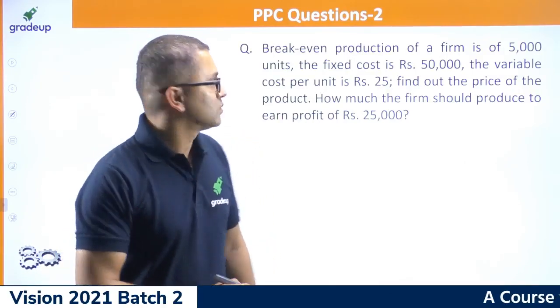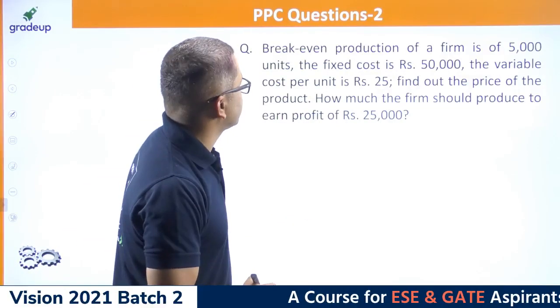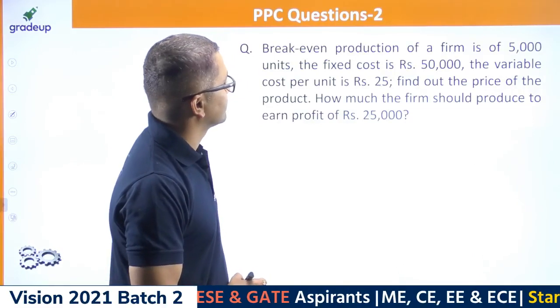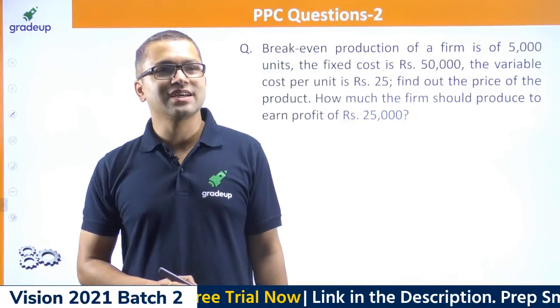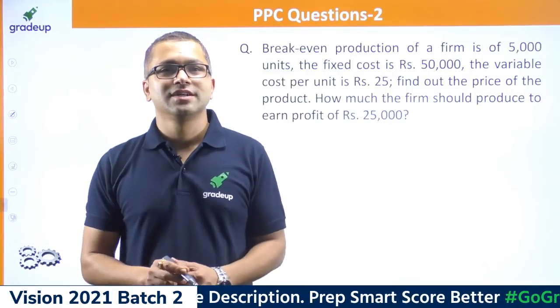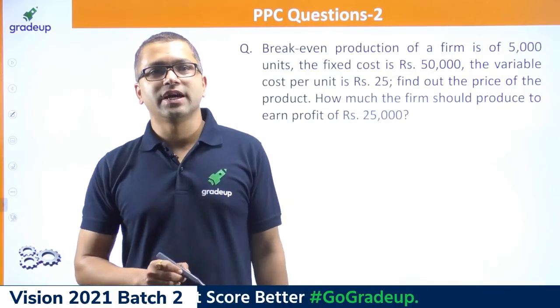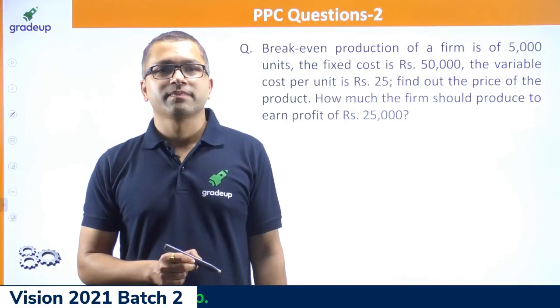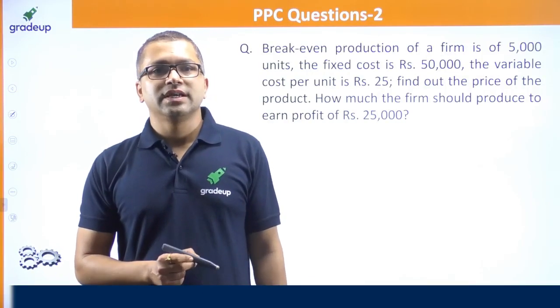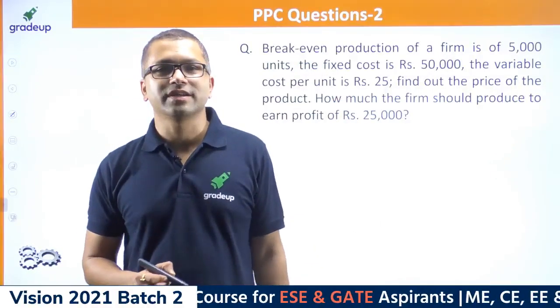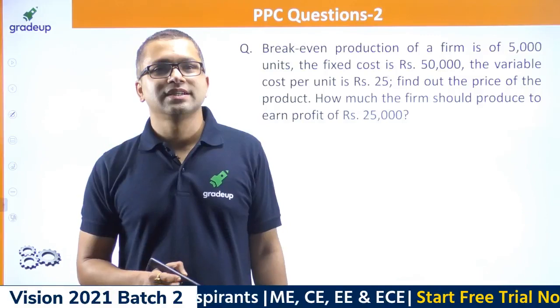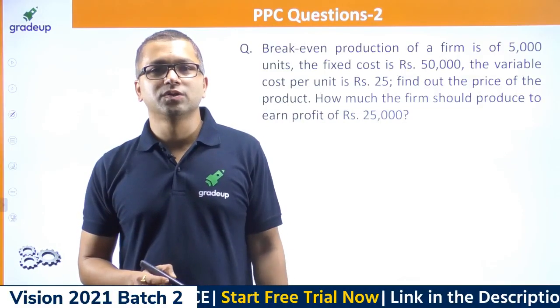So what is it? Find out the price of the product. Krishna Ram has already given an answer, and let's see if you guys can do this. Yes, Lucky, actually yesterday we had covered these theories. If you joined us, then you could have followed it.